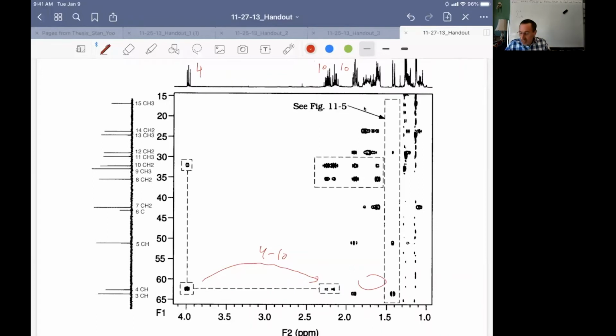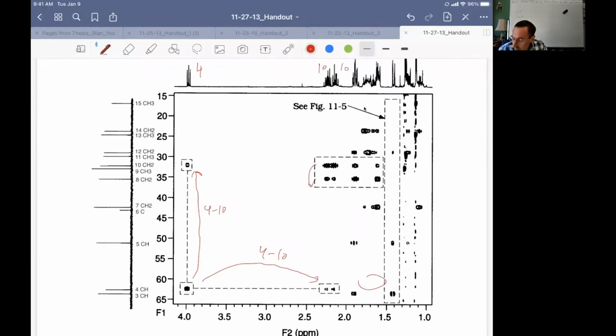But we get something else new when we start to walk along this dimension. When we walk along the F1 dimension, now we get completely unambiguous types of directions. So we go from 4 to 10 here, but then look over here when again we move on the F1 dimension.